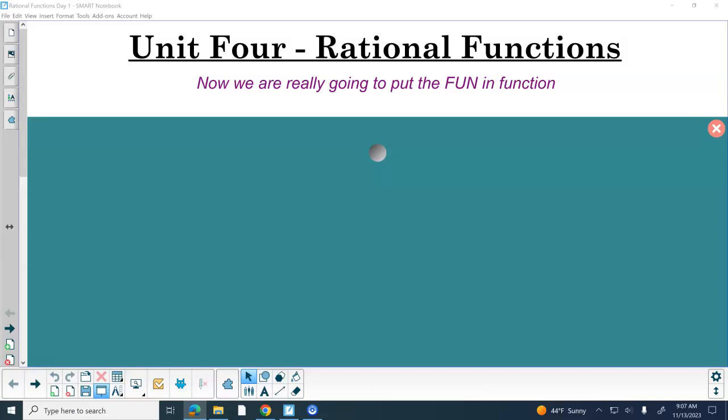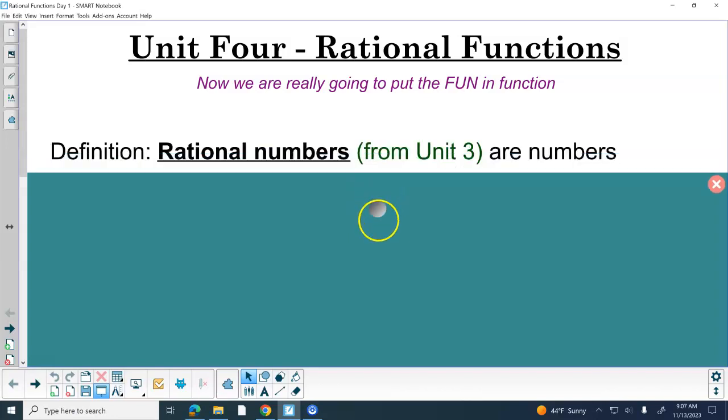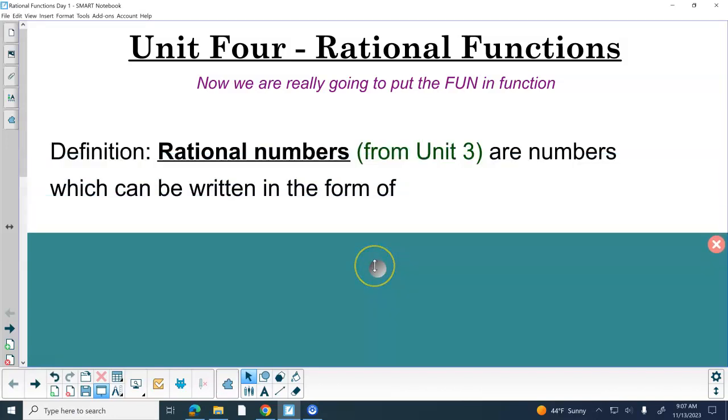Okay? Alright? So, let's start with the basics. Last unit, we learned all about a rational number. Does anybody remember what our definition of a rational number was?